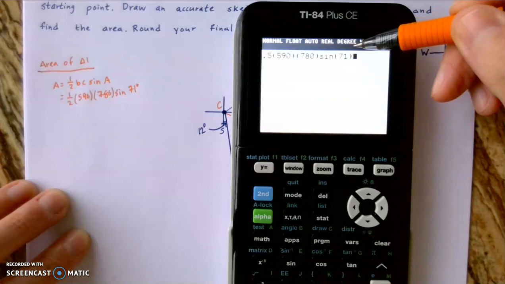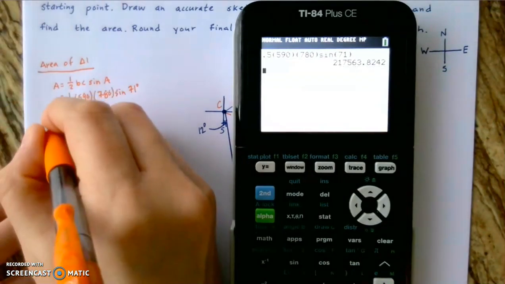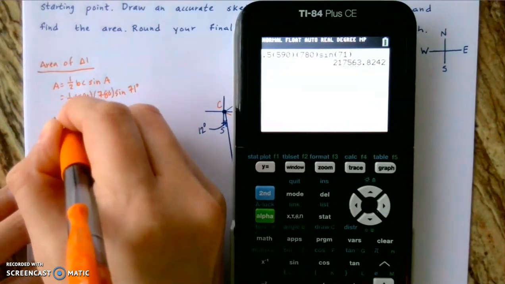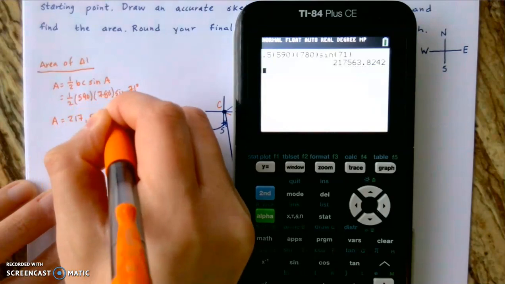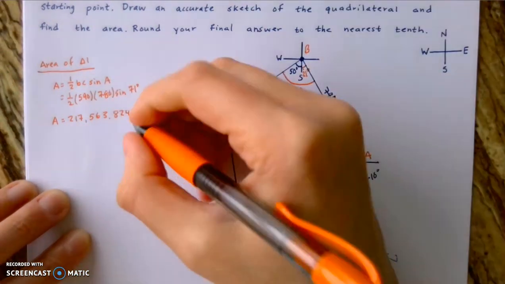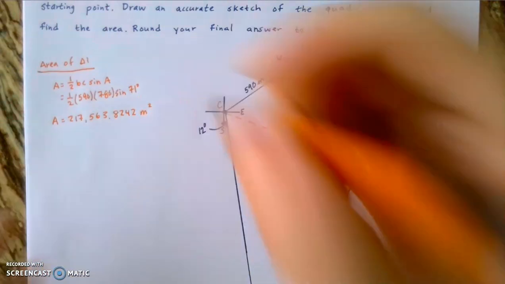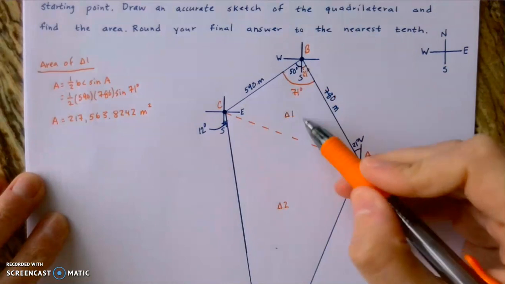Make sure your calculator is in degree mode. All right, and I have an area of 217,563.8242, and that's going to be meters squared. All right, so I have the area for this entire triangle right here.